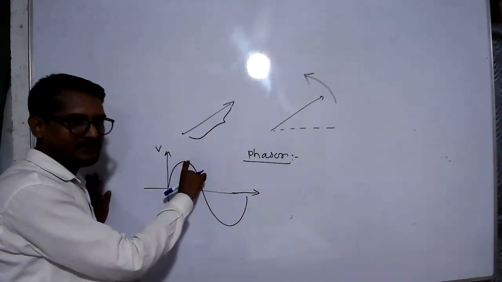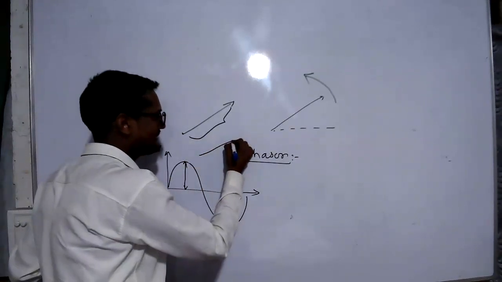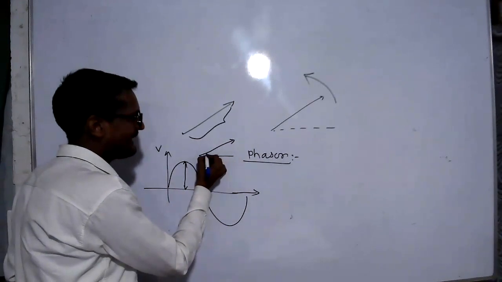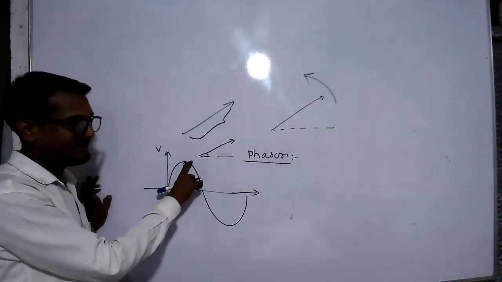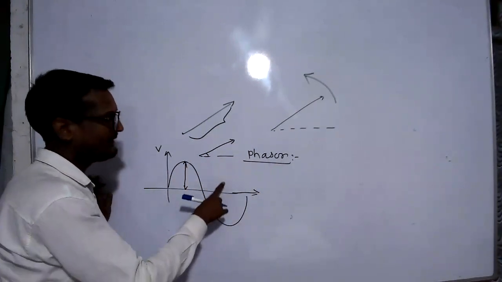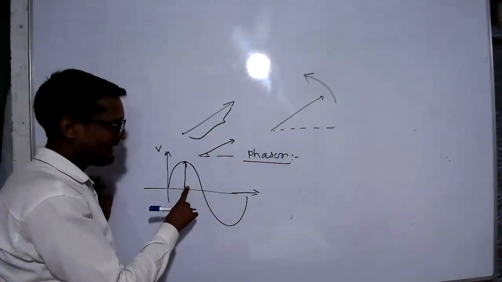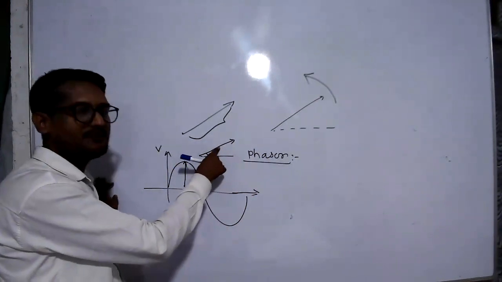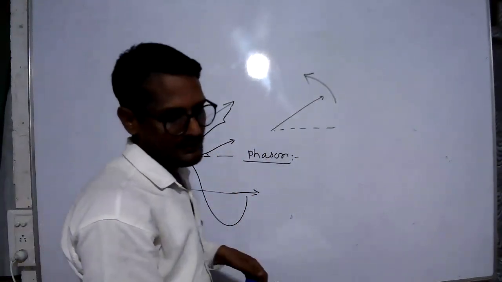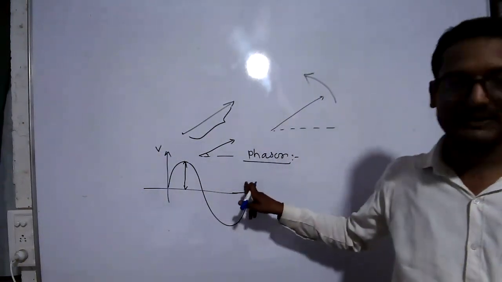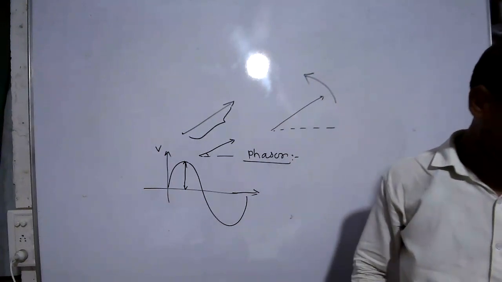This magnitude indicates the length, and this angle indicates the angle made by a conductor with the reference. This is called a phasor and phase angle.